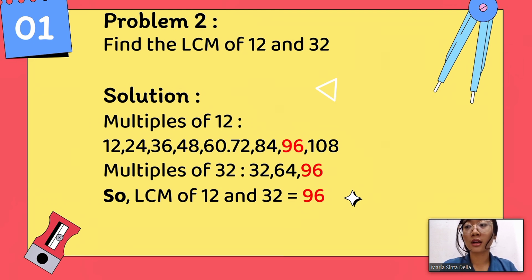And for 32: 32, 64 and 96. So the LCM of 12 and 32 equals 96.